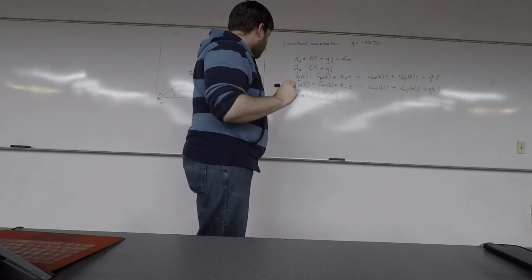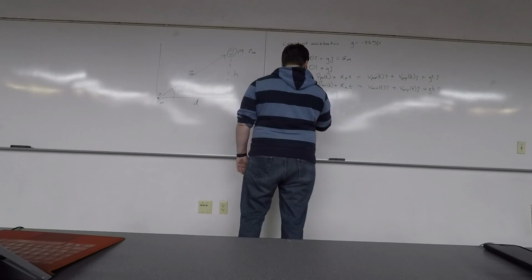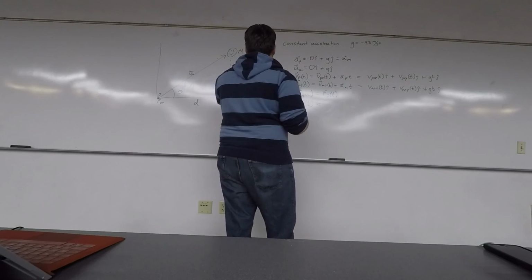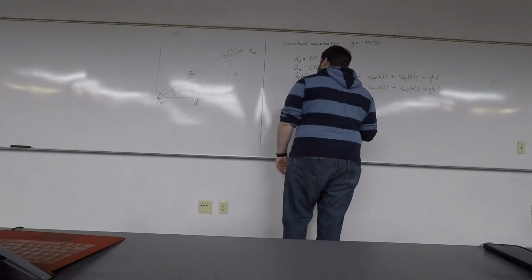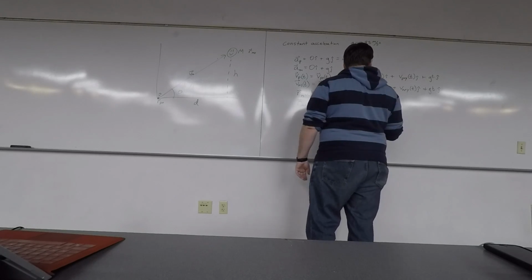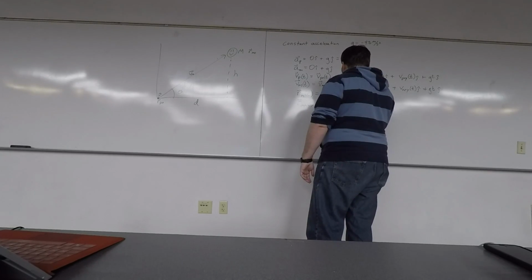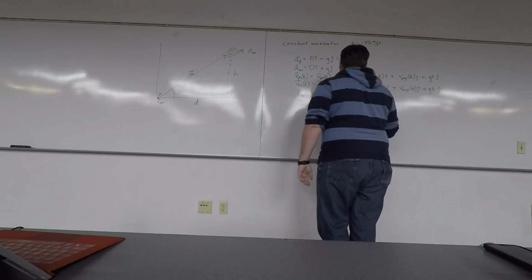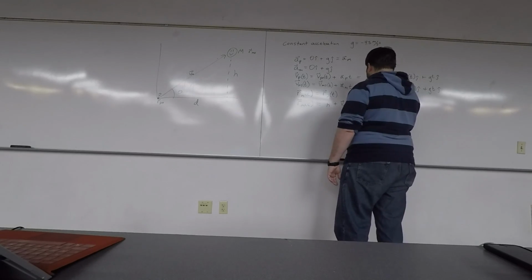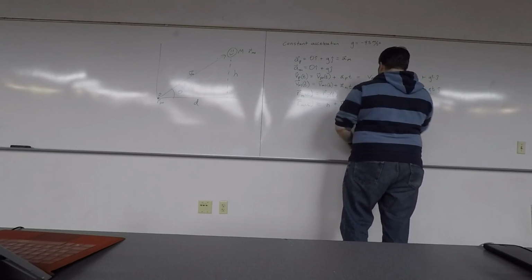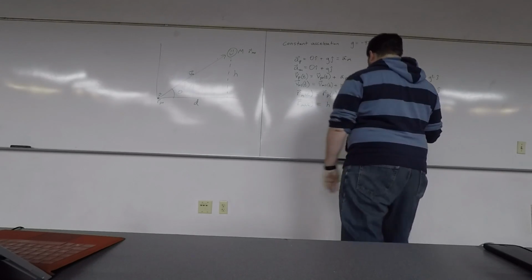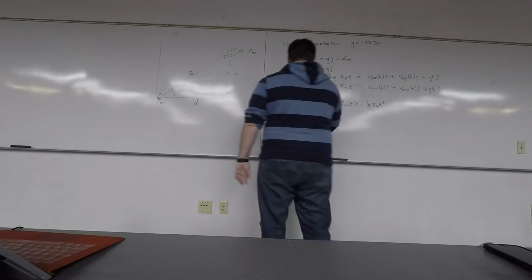So what is r monkey of t? r monkey of t equals the initial position of the monkey, which is h, plus the initial velocity, which I'm going to leave in vector form because it'll eventually be 0 anyway, times t, plus one half a monkey t squared. Man, I'm making all sorts of mistakes. Okay, I think that's right.